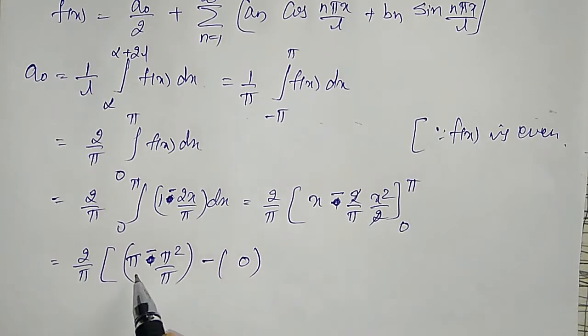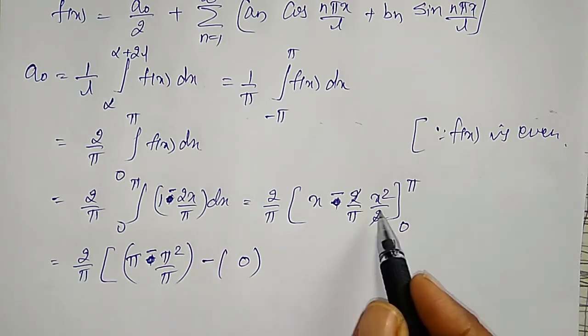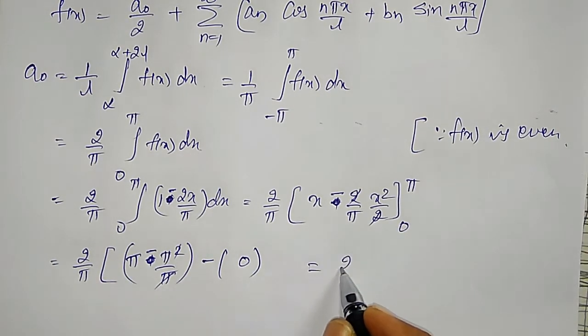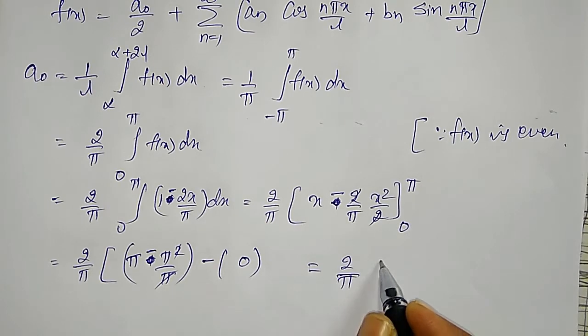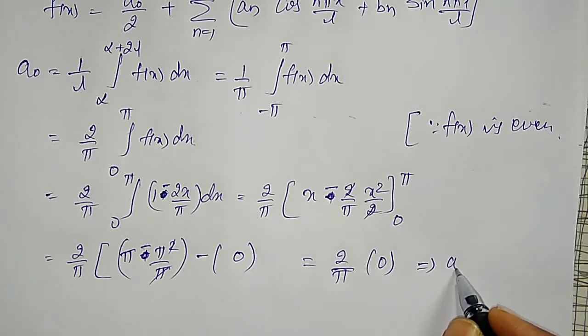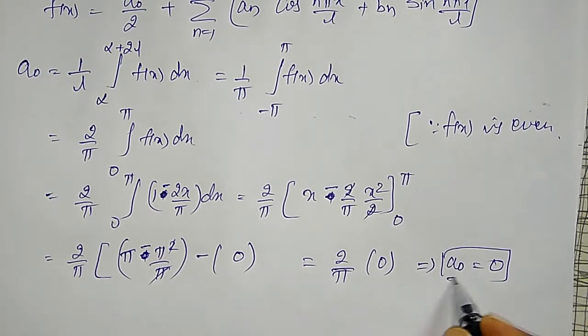With the upper limit pi, this is pi minus pi square divided by pi, and one of the pi will cancel, pi minus pi, automatically it will become 2 by pi into 0. Therefore a0 value is equal to 0.